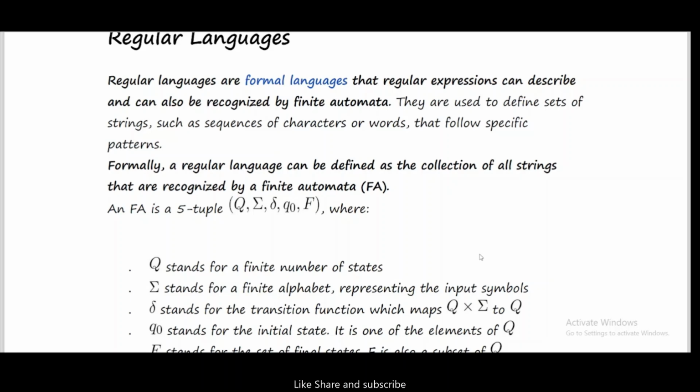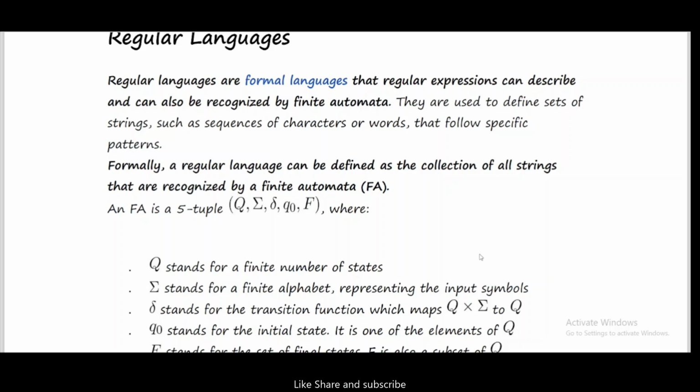They are used to define sets of strings, such as sequences of characters or words that follow specific patterns. Suppose some characters are coming; how will they be accepted by some machine or not?